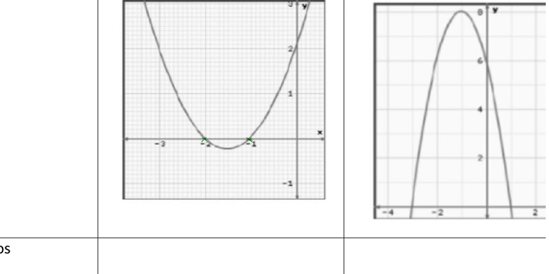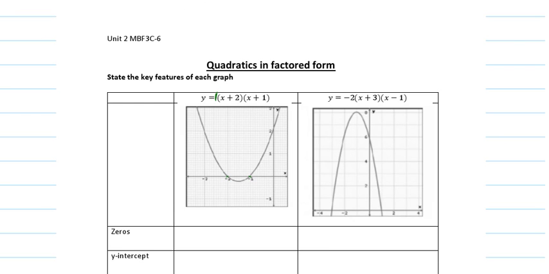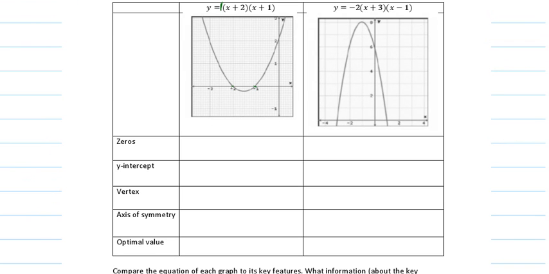And I told you can write them in two ways. You can write x-intercepts equal to negative 2 and negative 1, or you can write them as points and write it like so.